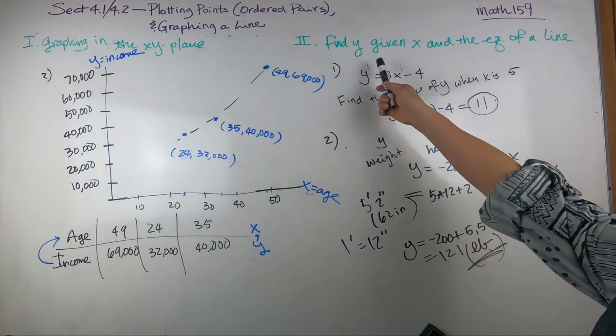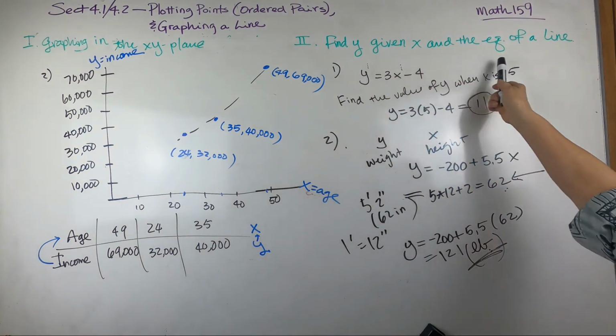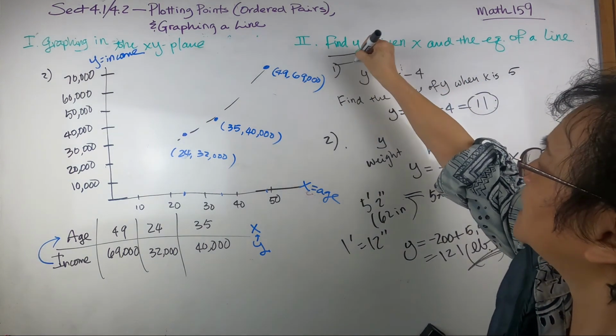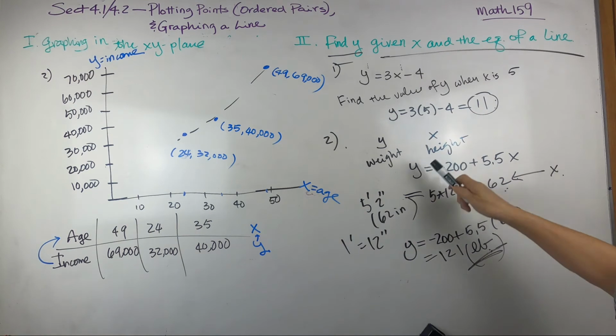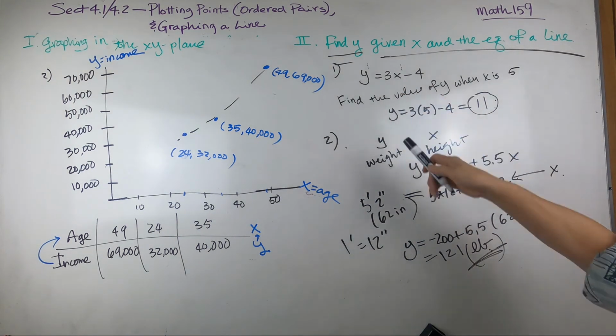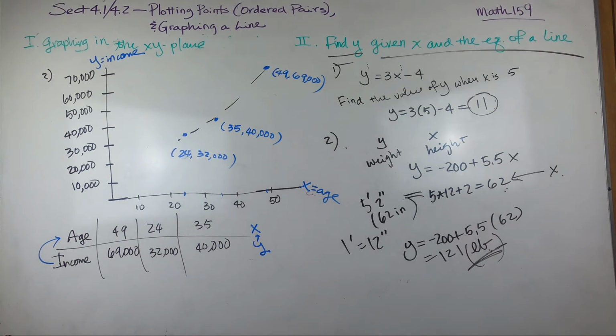So we are talking about finding the y for a given x, all right? And the equation of a line. When the equation of a line is given, you should be able to find the y by plugging in, right?